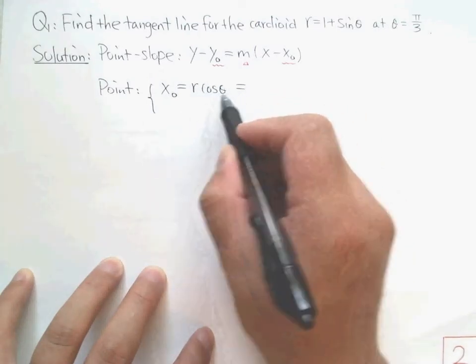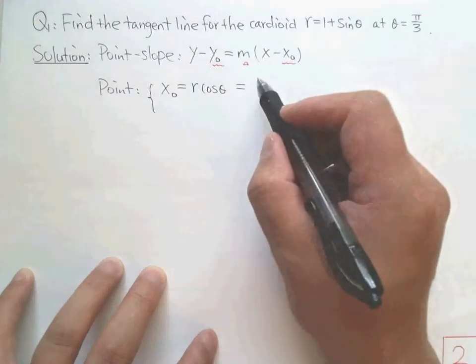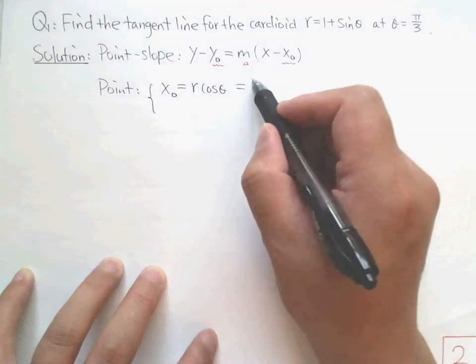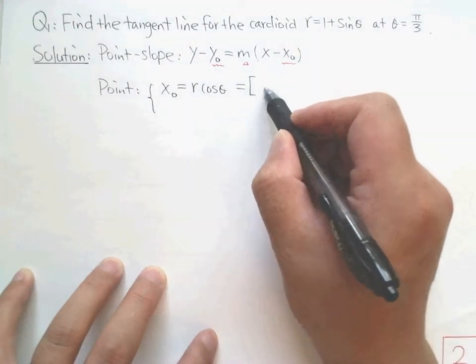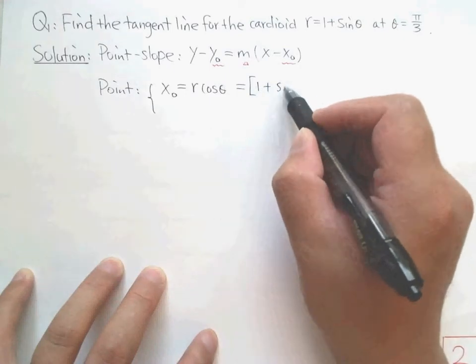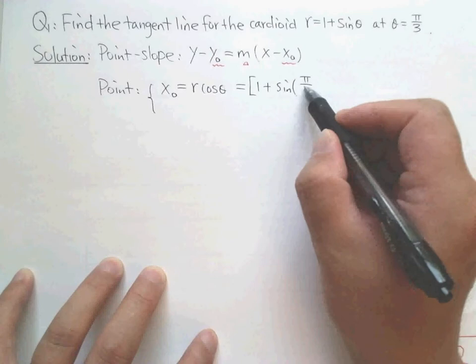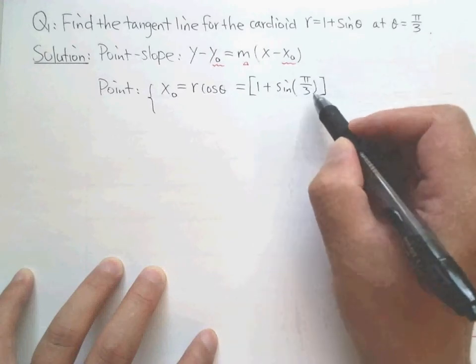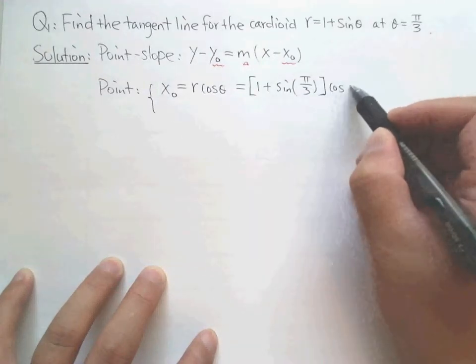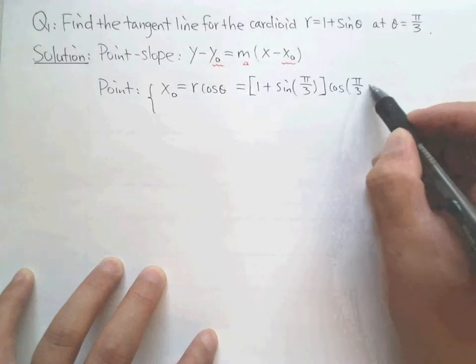Of course, theta is at this point, so what is r? We see r is 1 plus sine theta at this angle. So this is r times cosine at pi over 3.